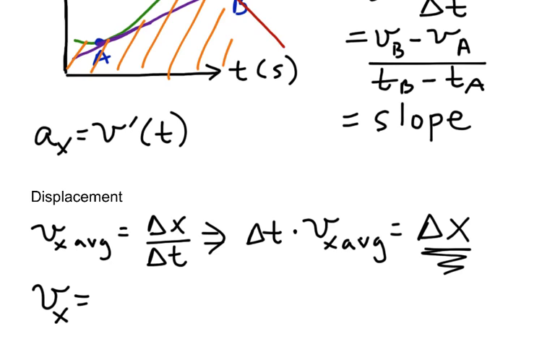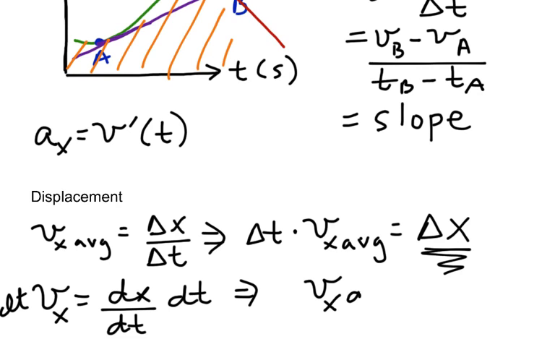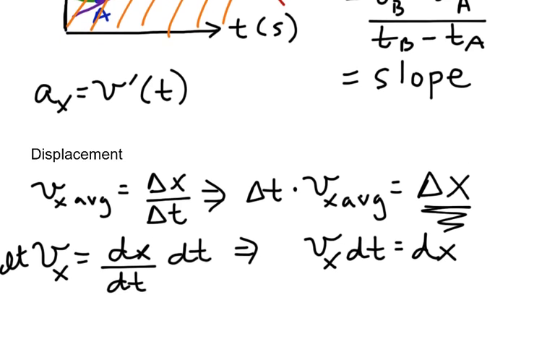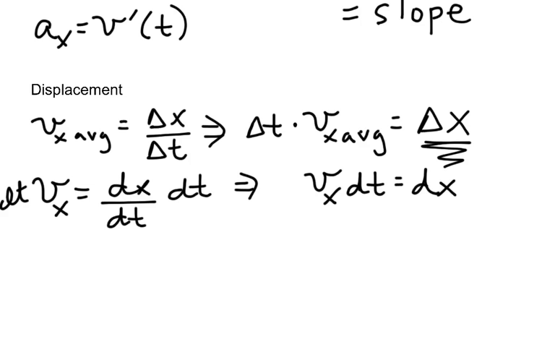So we need to look at velocity here when we're using a derivative. My instantaneous velocity is dx over dt. Now what I want to do is multiply both sides by dt, and what I will end up getting is v sub x dt is equal to dx. Now, to solve this interesting looking equation, I'm going to integrate both sides of this equation.